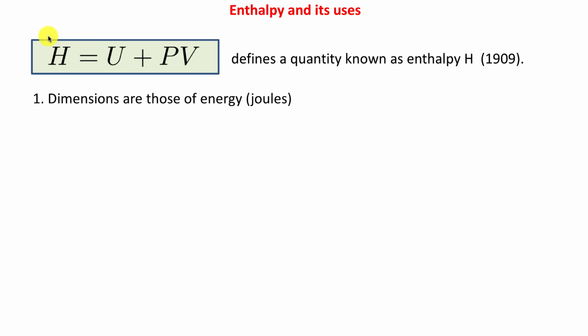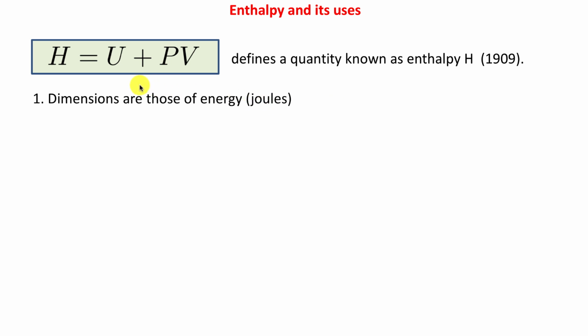Enthalpy has the symbol H, and H is defined as the internal energy U plus the product of the pressure into the volume. Now, this was defined more than 100 years ago by Kamerlingh Onnes in 1909.